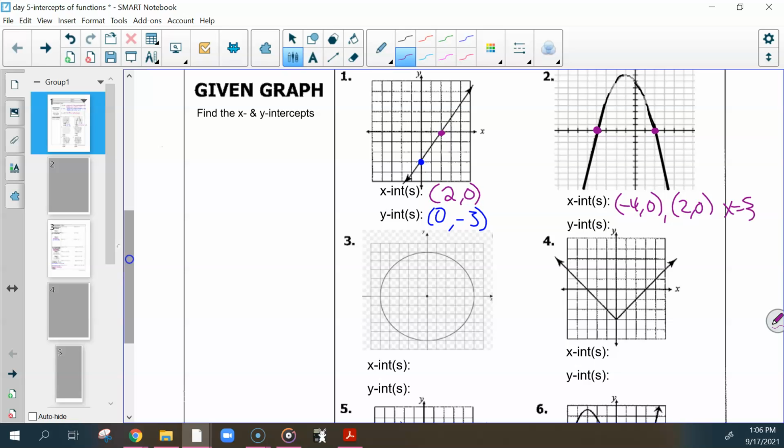Anytime you list numbers, they're in curly brackets. What's the value of y on the x-intercept? Always. What's the value of y on the x-intercept? 0.